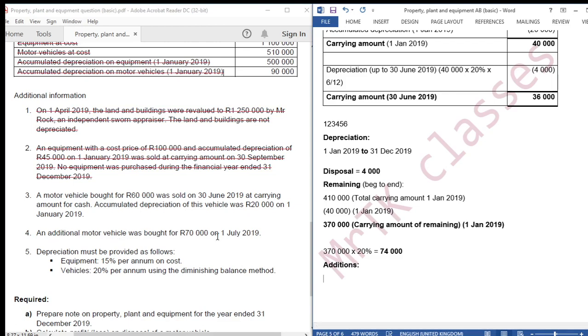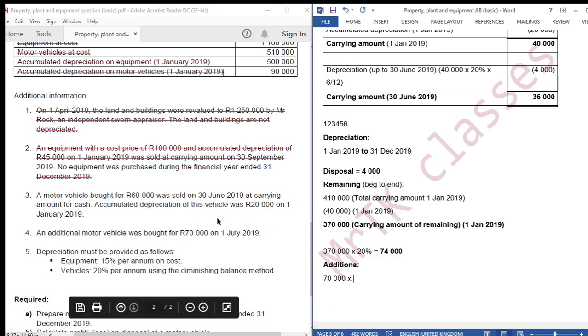An additional motor vehicle was bought for 70,000. You should remember that in the year of acquisition, or in the year of purchase, we calculate depreciation on cost for both methods, straight line method and diminishing balance method. So this is the cost and this is the year of acquisition.